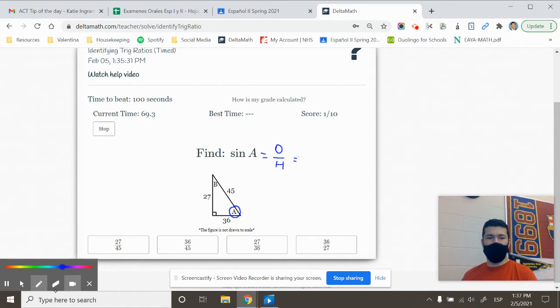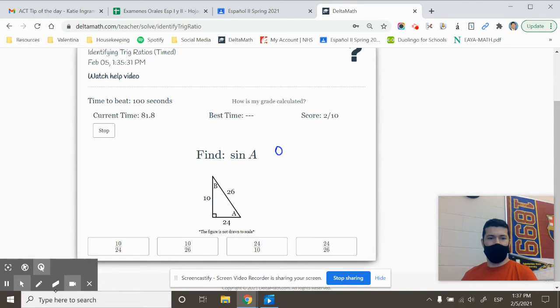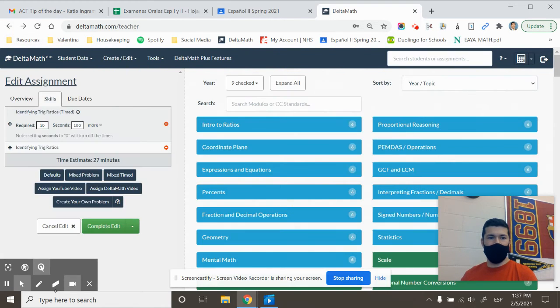The side opposite angle A is 27, so 27 divided by the hypotenuse, which is 45. 27/45ths is the correct answer. And et cetera. That is how you find your trigonometric ratios.